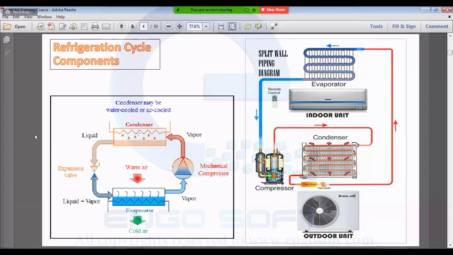So again, let's apply this rule to the condenser. The amount of heat rejected into the outdoors is equal to the amount of heat the freon lost in the vapor phase to change to the liquid phase, right? Yes. Do you understand something like that?